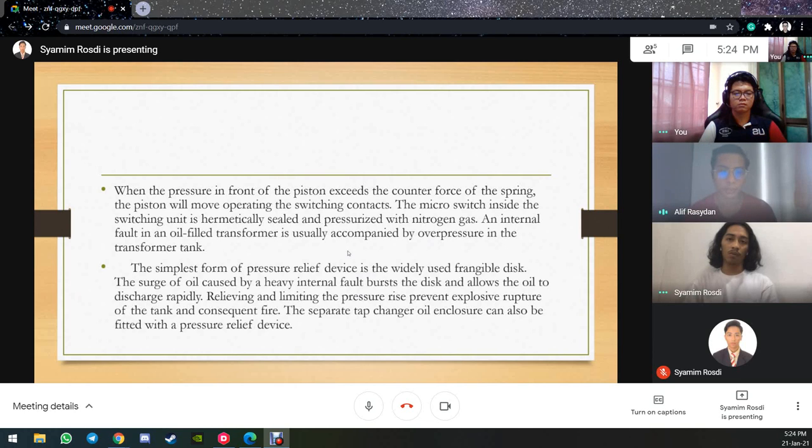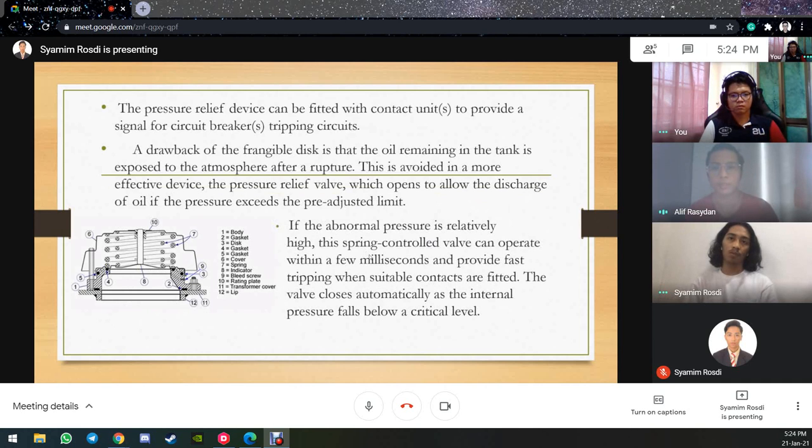The separate tap changing oil compartment can also be fitted with a pressure relief device. The pressure relief device can be fitted with a contact unit to provide a signal for the circuit breaker tripping circuit. The drawback of the frangible disc is that the oil remaining in the tank is exposed to the atmosphere after a rupture.